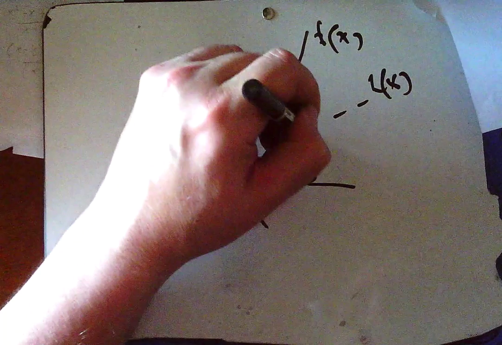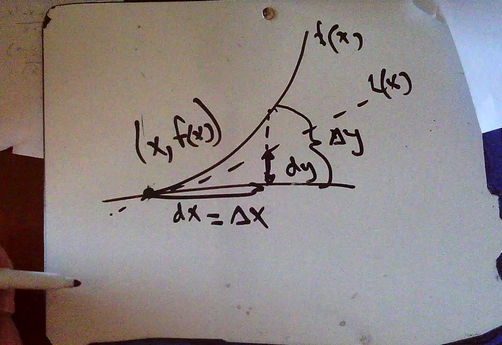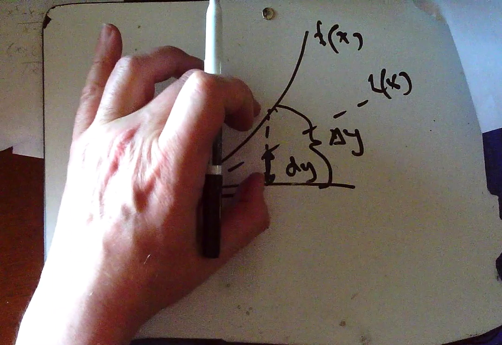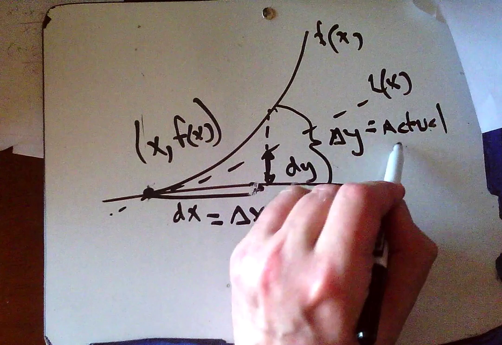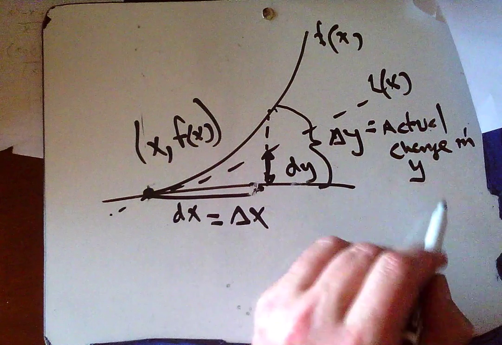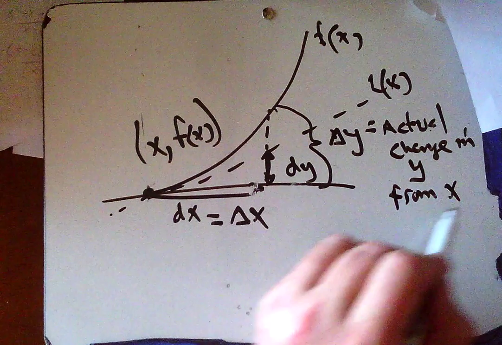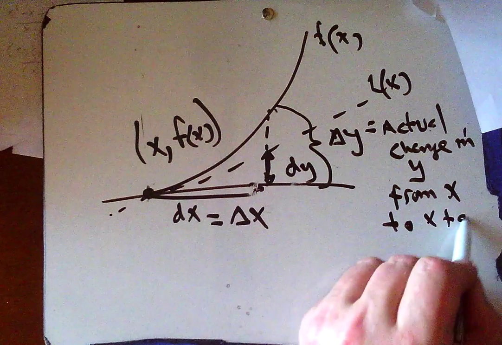The delta y is actually this height here. This height is the actual change in y from x to x plus dx.